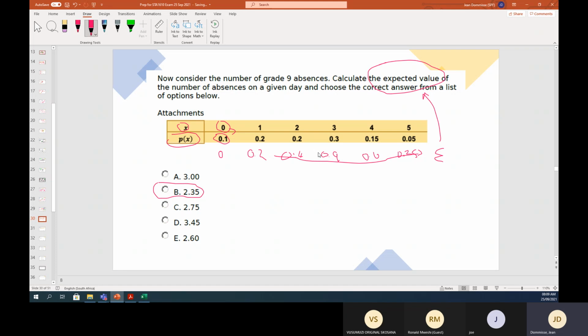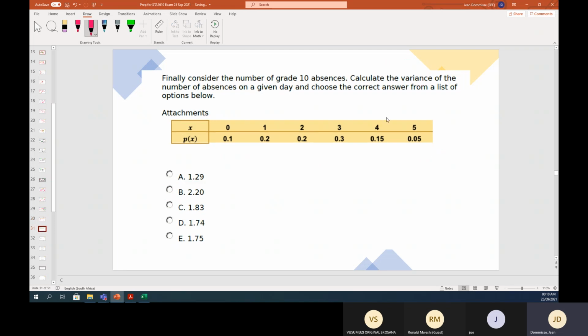And obviously, the next question that I want to show is a follow-up on this data that shows that you need to work out the variance. Hopefully in the exam, if it's a follow-up question, they tell you now that the expected value of x was 2.35, so that you don't need to work it out again.